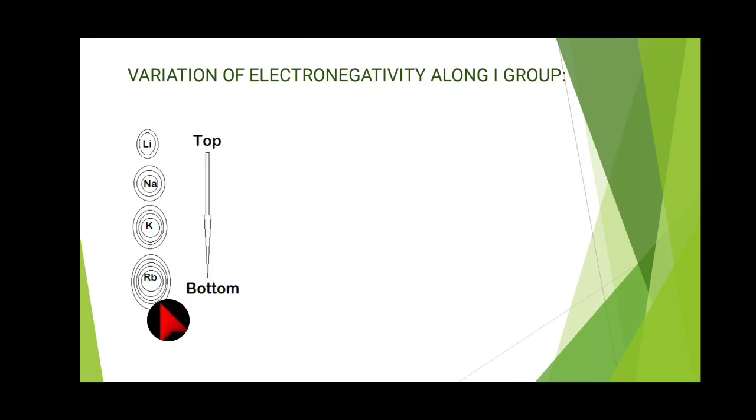Suppose you consider the last orbit where the electrons are present. The proton carries positive charge but is unable to attract the last electron. So the attraction power is very, very less. So electronegativity decreases top to bottom. Atomic size is inversely proportional to the electronegativity, right?